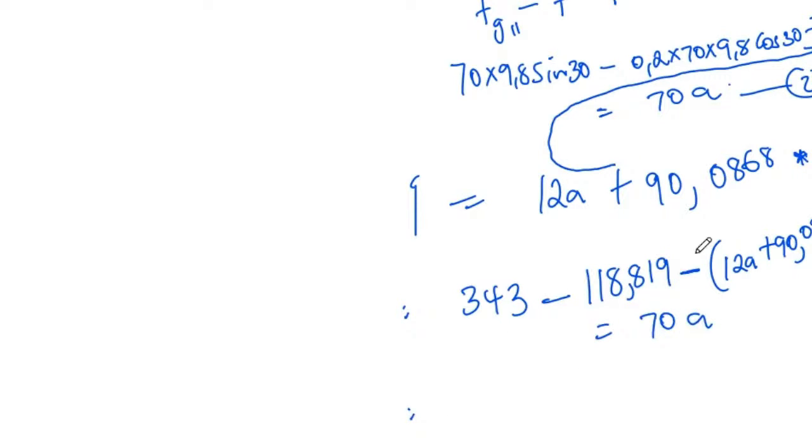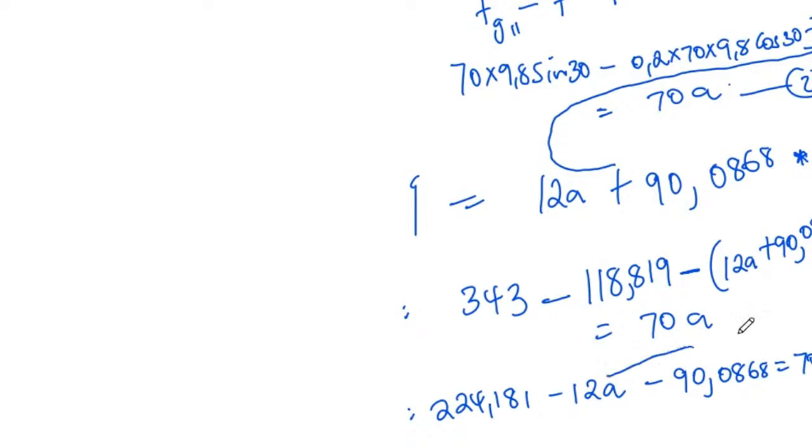So let me open the brackets first. 343 minus 118.819 gives me 224.181. So 224.181 minus 12A minus 90.0868 must give us 70A.